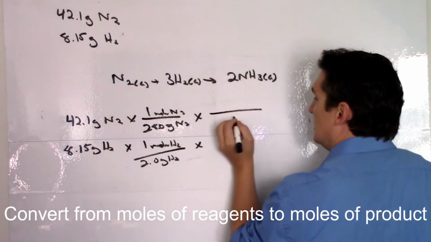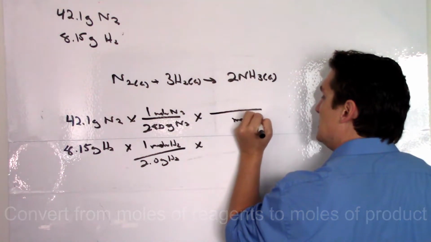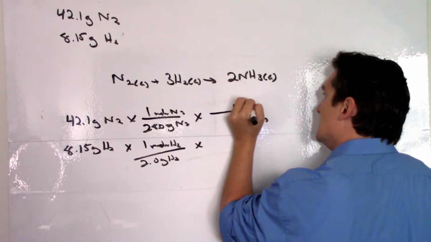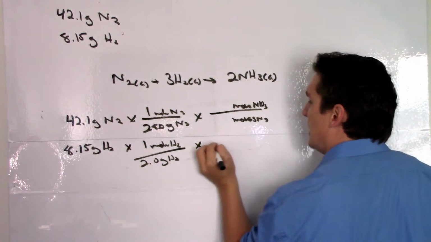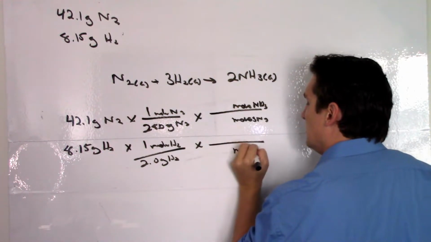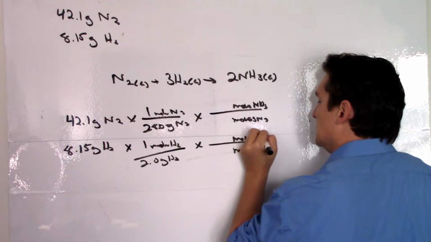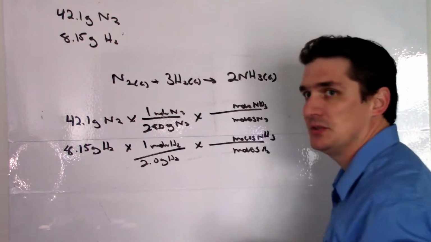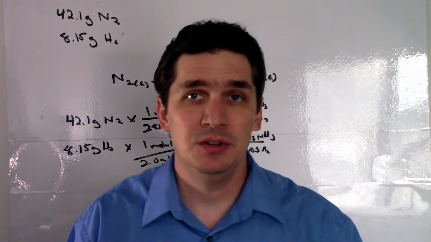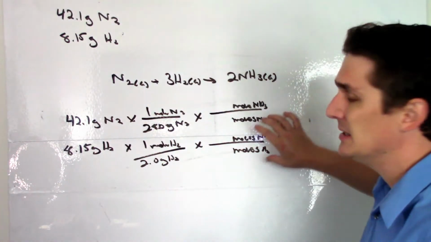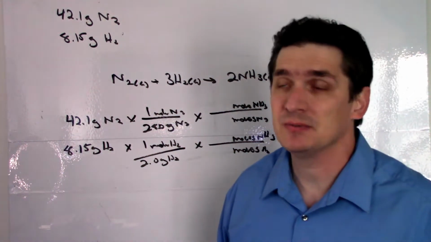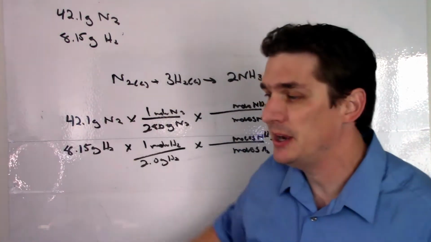So we need to go from moles of N2 on the top to moles of NH3 on the top, and from moles of H2 to moles of NH3. Now, you notice that we're both going to finish on moles on the top, but we have different moles on the bottom because we're coming from a different place. Here we're coming from nitrogen, here we're coming from hydrogen.